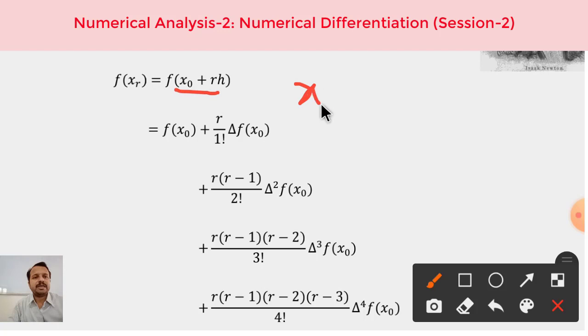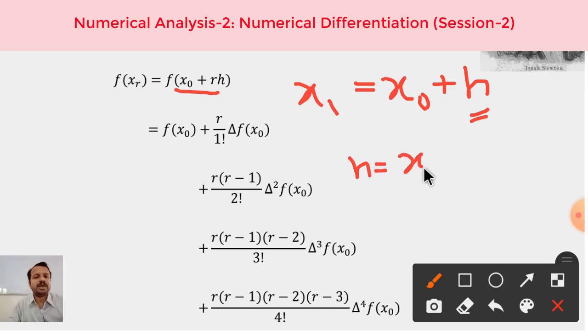We know that x1 is x0 plus h, where h is the step size. Step size means the difference between two consecutive values of x. For example, the second value x1 minus the first value x0 is called the step size h. So h is equal to x1 minus x0.